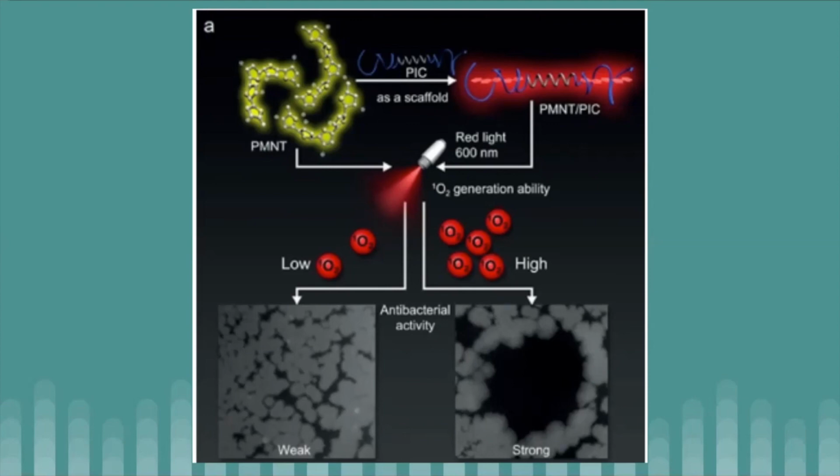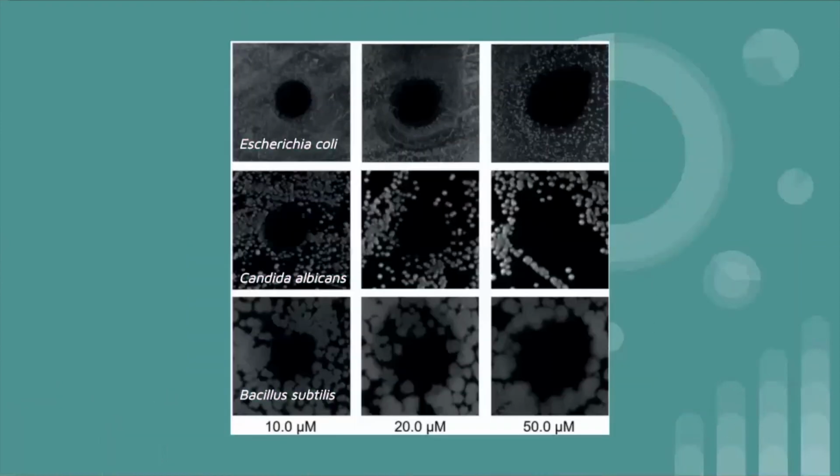And so they took this bioengineered pigment and PIC combination introduced with red light and tried it on 2 bacteria and 1 fungal species. These zones of inhibition were dictated by the amount of gel that was applied. So an increased amount of the hydrogel resulted in more ROSs being created, and therefore creating a bigger and larger zone of inhibition.